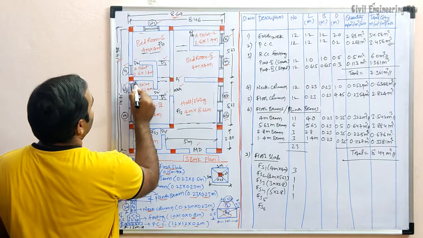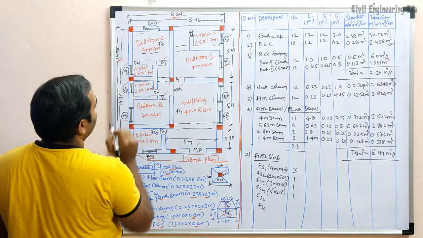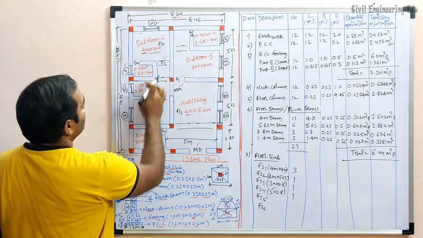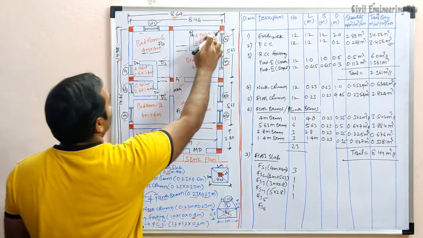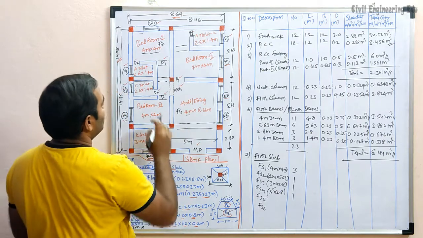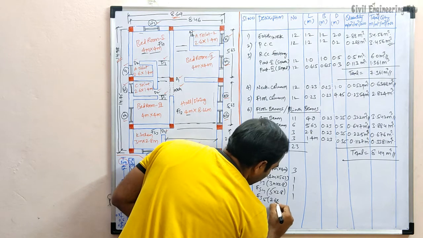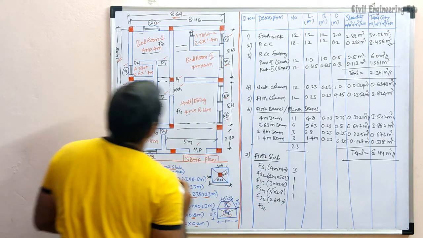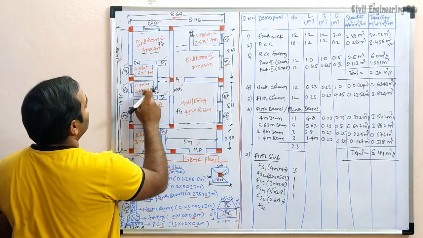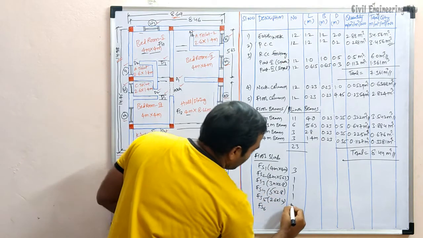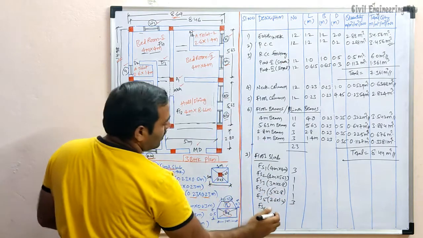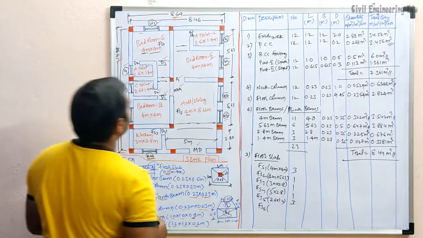For the toilet I have taken one panel here, one panel here, one panel here. Total 3 numbers, 2.6 by 1.4. Toilet over toilets 1, 2 and 3. 3 numbers.